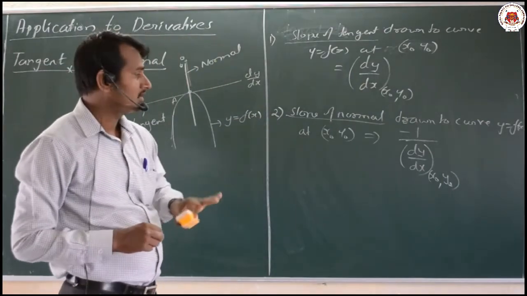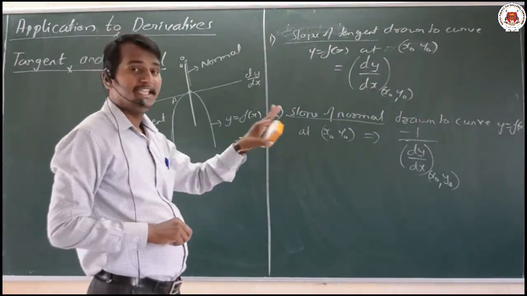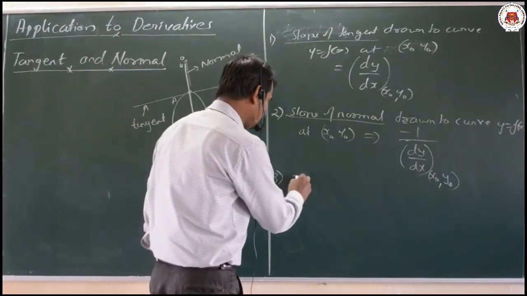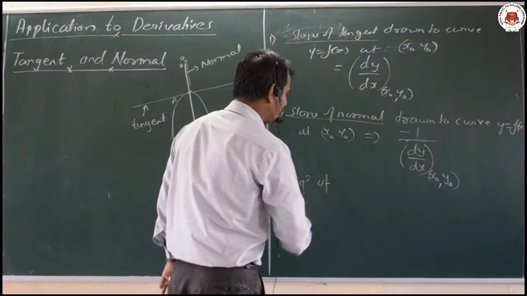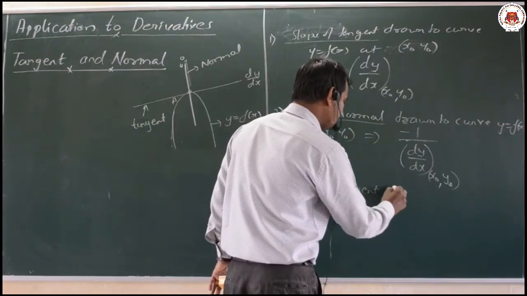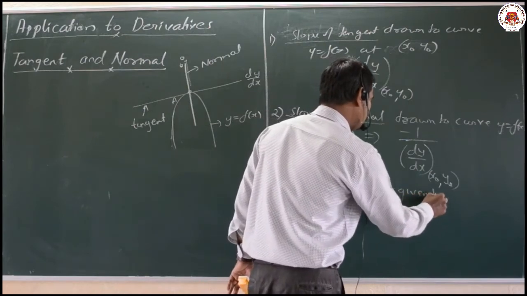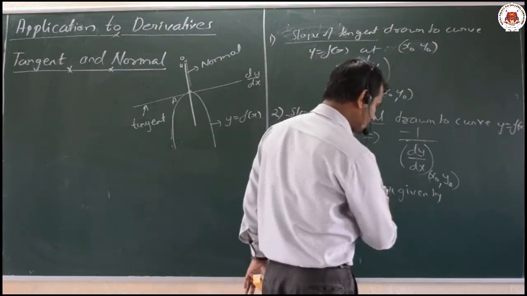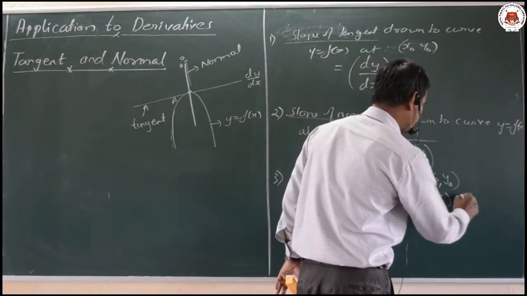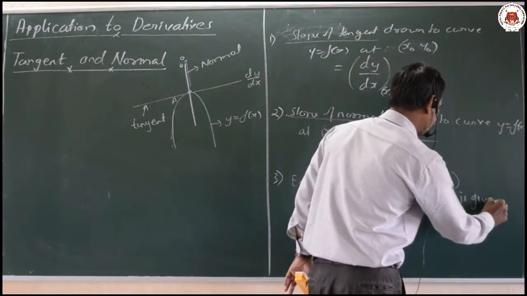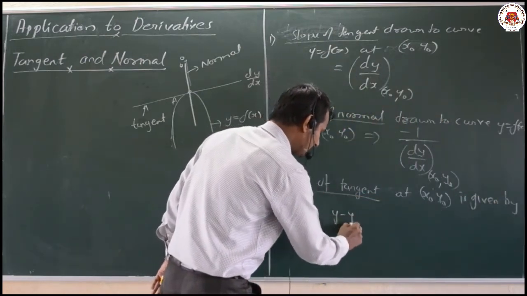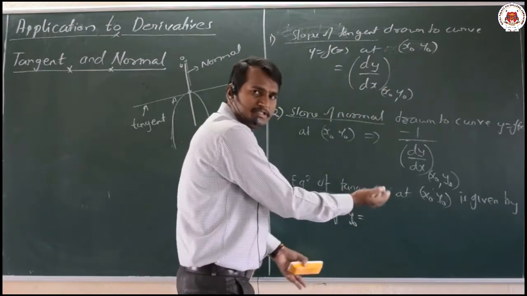Now sometimes we are required to find the equation. Third point: the equation of the tangent at x naught, y naught is given by y minus y naught is equal to m into x minus x naught.